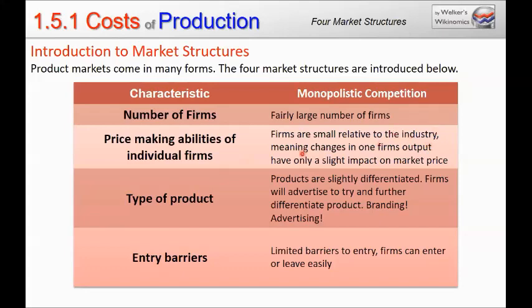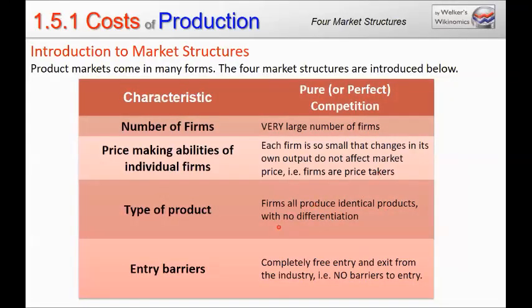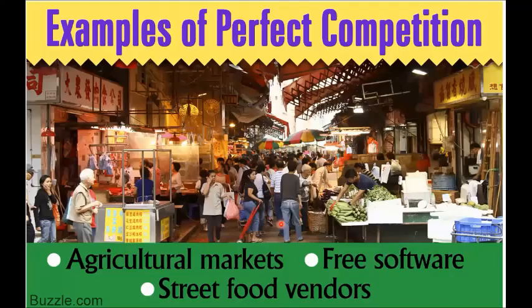This means changes in one firm's output have only a slight impact on the market price. And then in terms of type of product, the products are slightly differentiated, compared to perfect competition wherein they sell identical or similar products, so there is no differentiation.